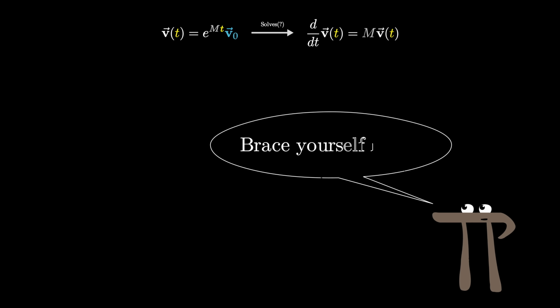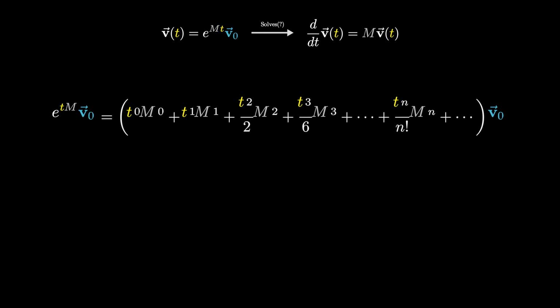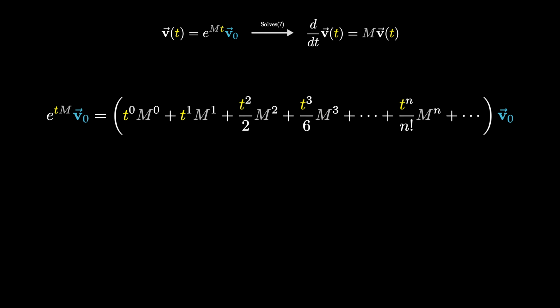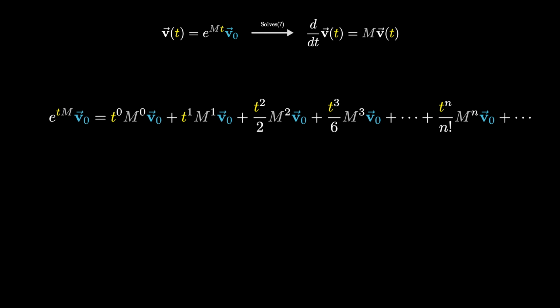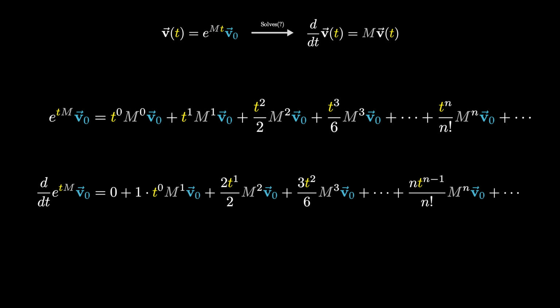But I'll run through a quick rough sketch. Write out the full polynomial that defines e to the mt, and multiply by some initial condition vector on the right. And then take the derivative of this with respect to t. Because the matrix M is a constant, this just means applying the power rule to each one of the terms.